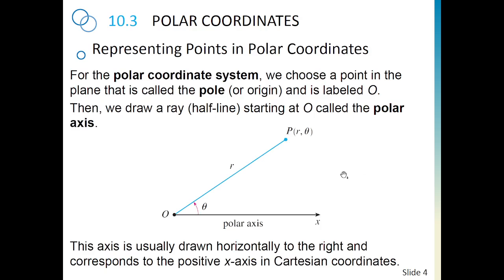To clarify again, we have a point in the plane, and for polar coordinates the information we need is the distance from the point to the origin, that's your r, and the angle that this ray OP makes with the x-axis, sometimes also called the polar axis. Essentially it is the distance from the origin and the angle between the x-axis and the ray OP.